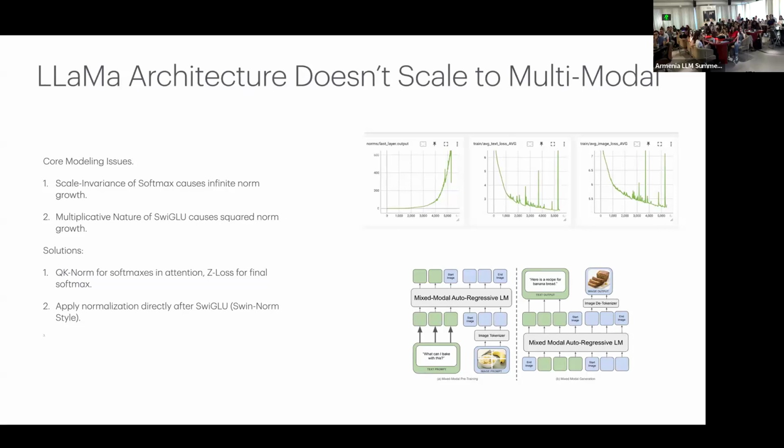QK norm, like these scale invariances in the softmax, usually appears when there are parts of your distribution that necessitate having higher norms. So in the multimodal case, we saw that when you model image tokens specifically, all of the image tokens have a higher norm. Again, no idea why. The model just decides that this is a good thing to do. The other place that we see this is that if you have data that is very bad, you will have these types of scale invariance issues.